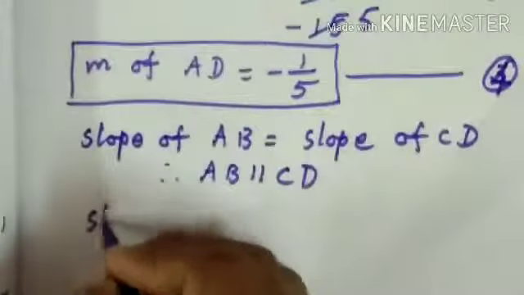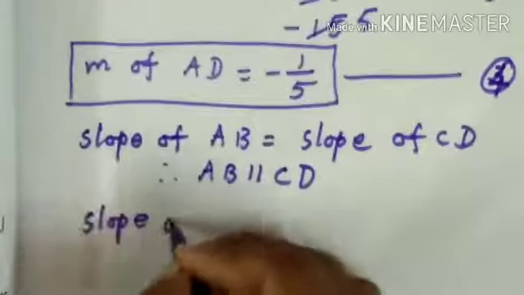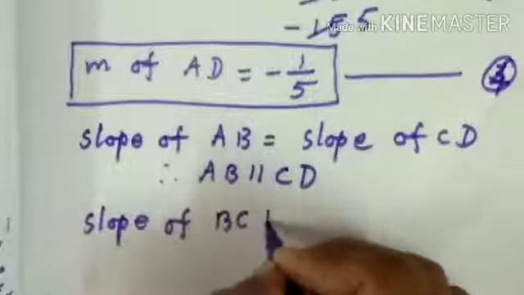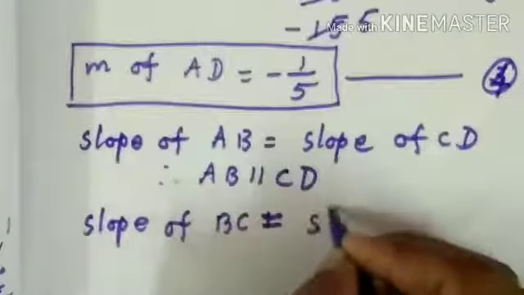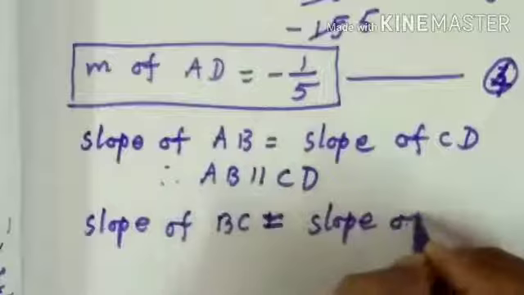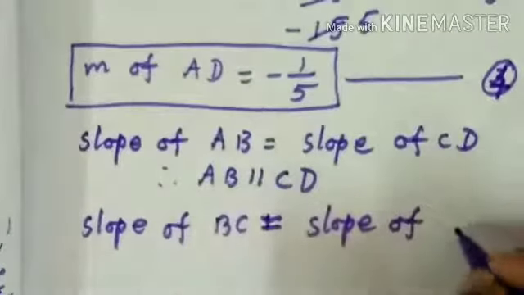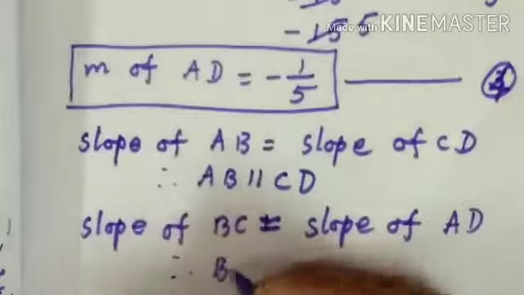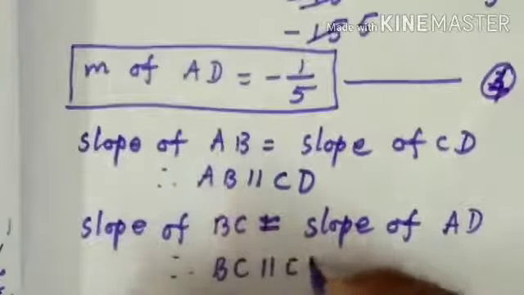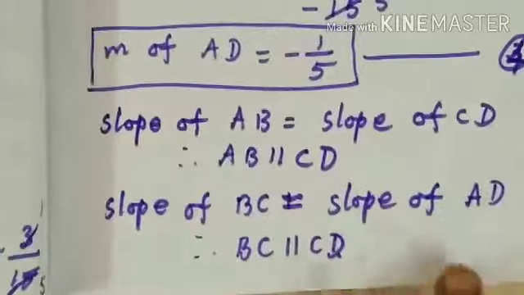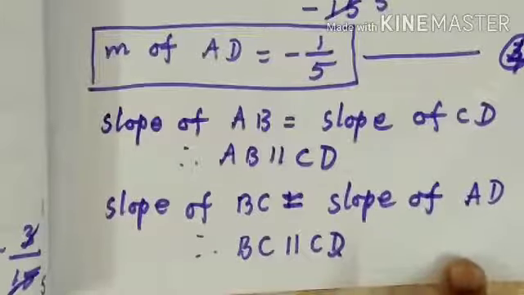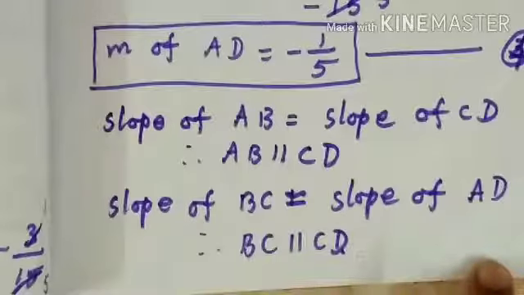Then slope of BC is equal to slope of AD. Therefore, BC parallel to AD. Hence, the points A, B, C, D form a parallelogram. This is another method for 10th sum.